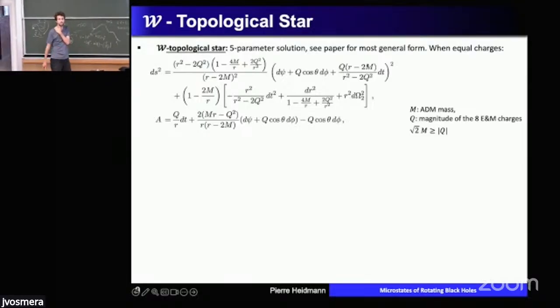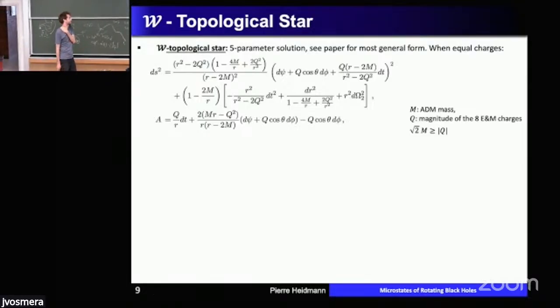So R squared is equal to 2Q squared? It's never actually. Sorry, the first root is this one. If you take this square root of 2M bigger than Q, this one will be smaller than the first root of this guy. So it's closing off before. That's why it's true.